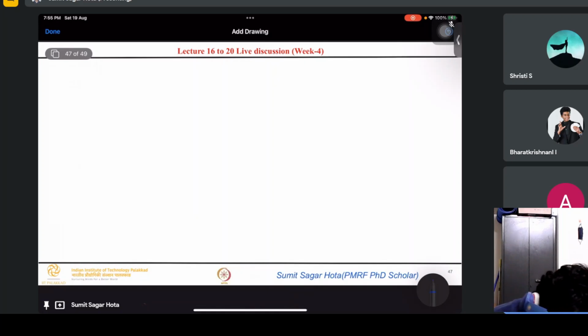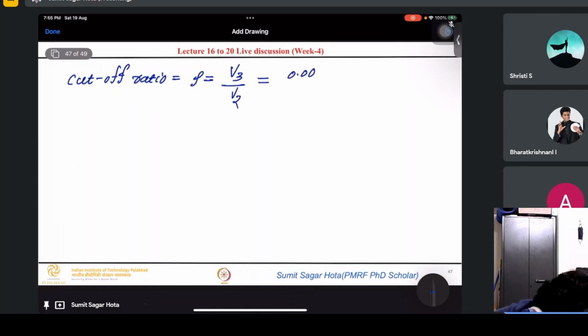Okay, now what is the cutoff ratio? Cutoff ratio rho is equal to V3 by V2, 0.000621 divided by 0.0004, 1.55.